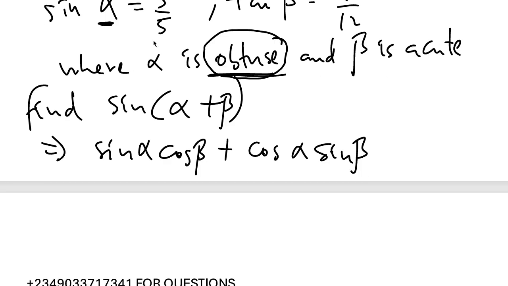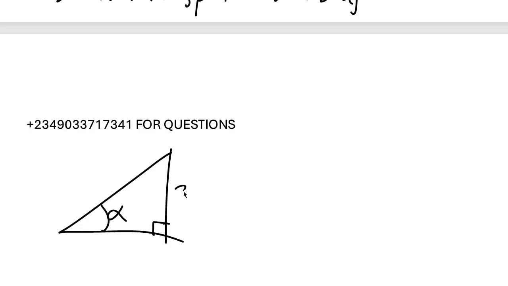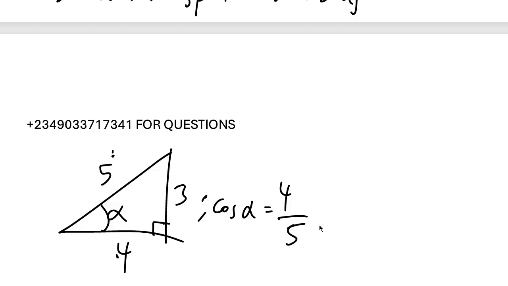Since sine alpha is 3 over 5, we can draw a triangle. Here is 3, here is 5, so here is 4, because 5 squared minus 3 squared is 16, and the square root of 16 is 4. So cos alpha is the adjacent, 4, over the hypotenuse, 5.